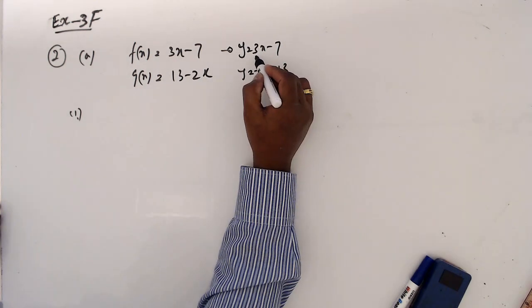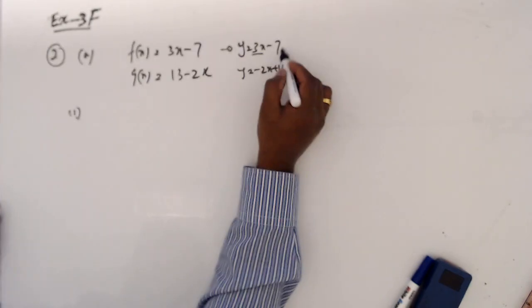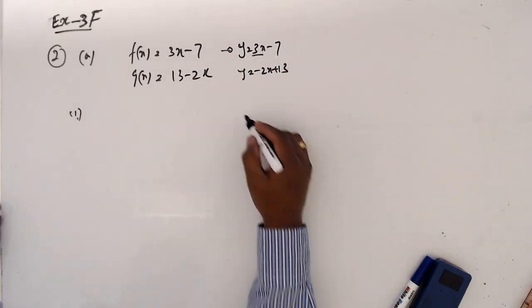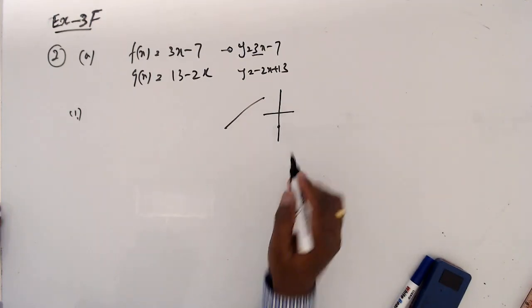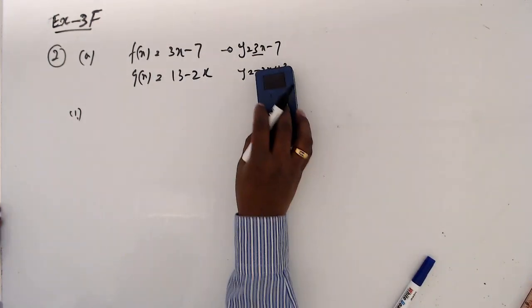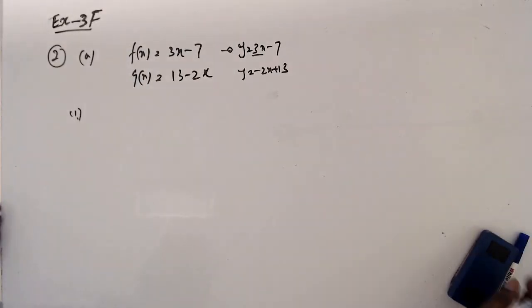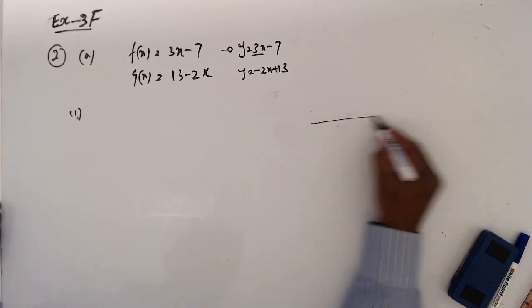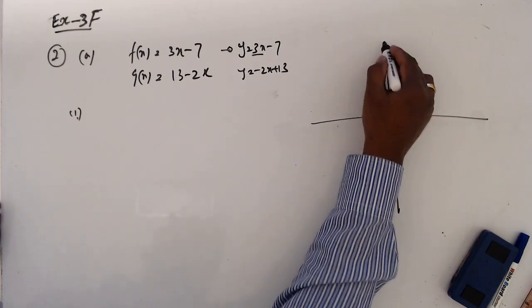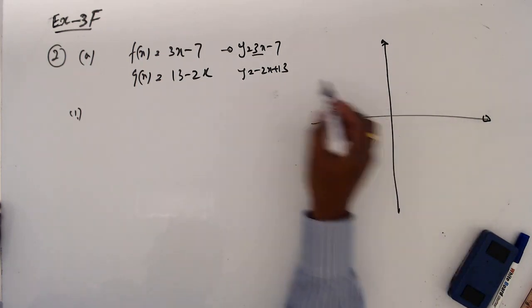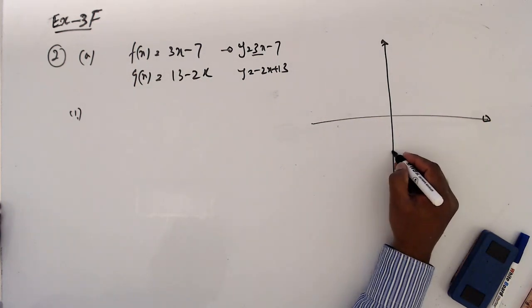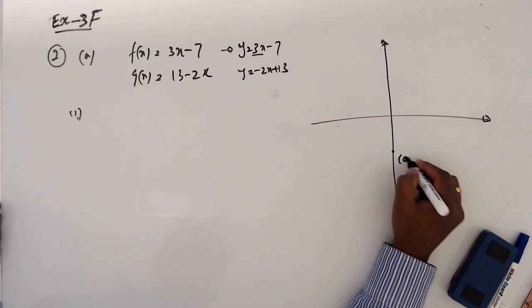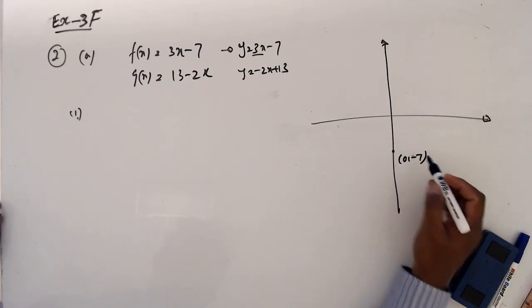So it has a positive gradient and it will cut at minus 7. This is a negative gradient. Right, so it is this one, f(x) going through 0, minus 7.